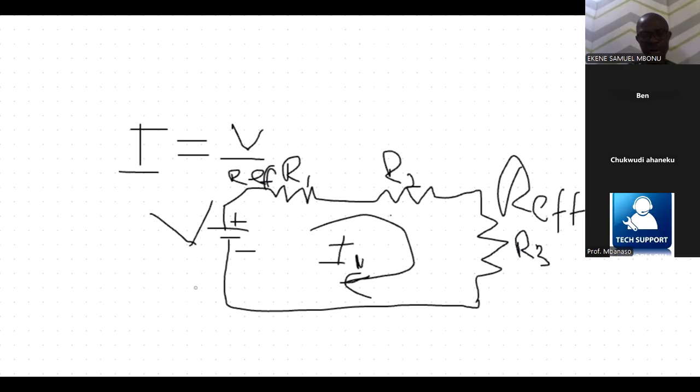If we now want to find the individual voltage developed across each resistor, we multiply each resistor with the total current. What I just explained, is it clear to you? Yes, sir. It's clear.